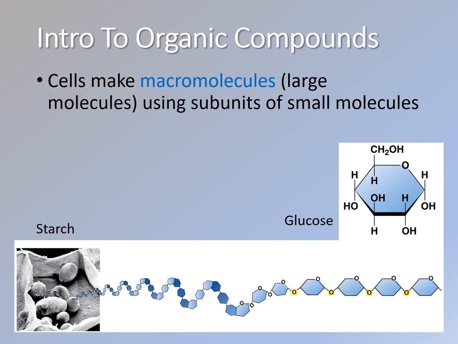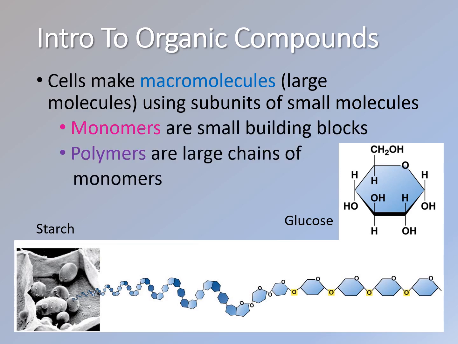Now if we look at organic compounds that come together, we can have smaller compounds and bigger compounds. When we're talking about cells themselves, which are the smallest unit of life, they're going to be making these macromolecules, which are larger molecules. Essentially they put together smaller molecules into bigger molecules.